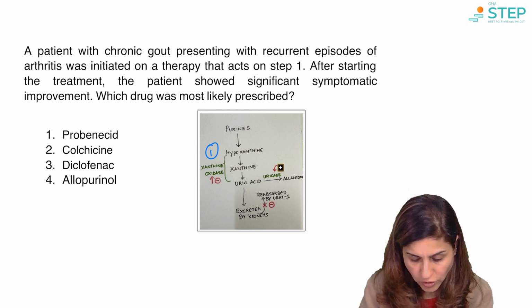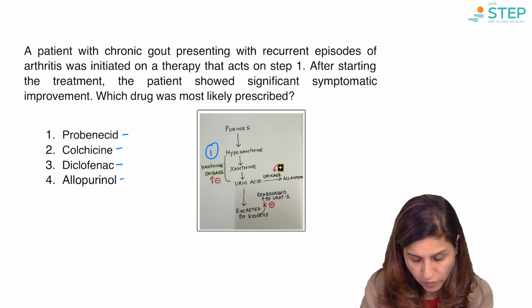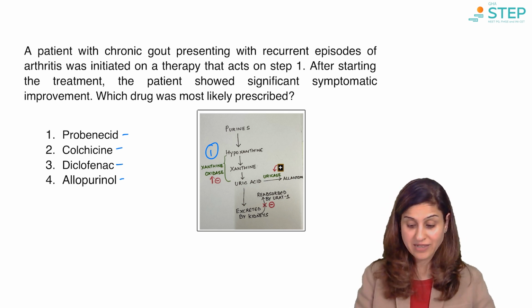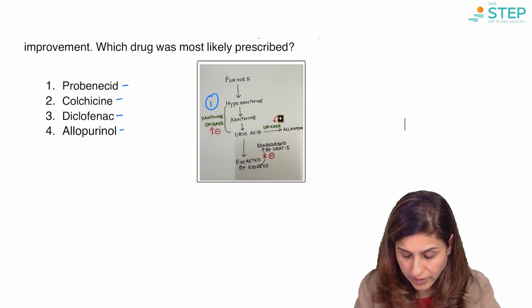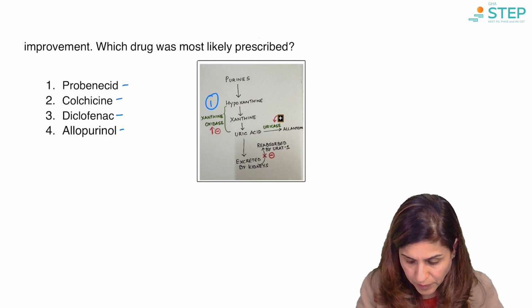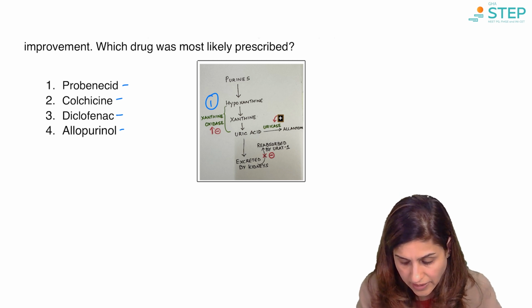So, please find out which of these drugs act on this, right? Now remember, purines form hypoxanthine, then xanthine and uric acid.